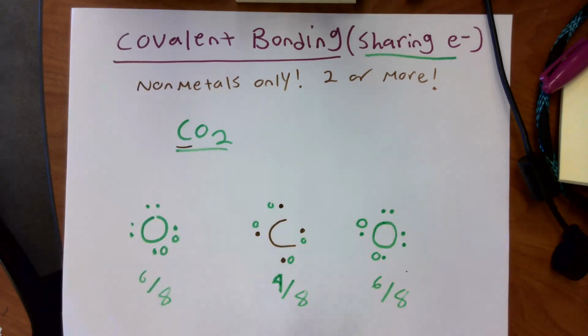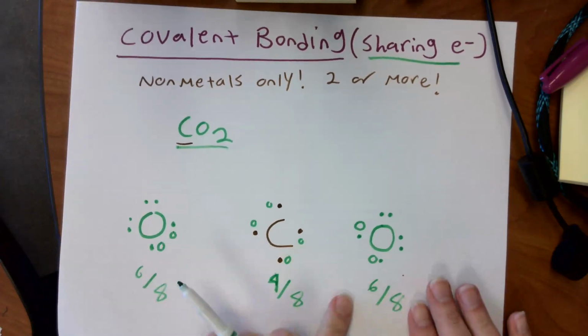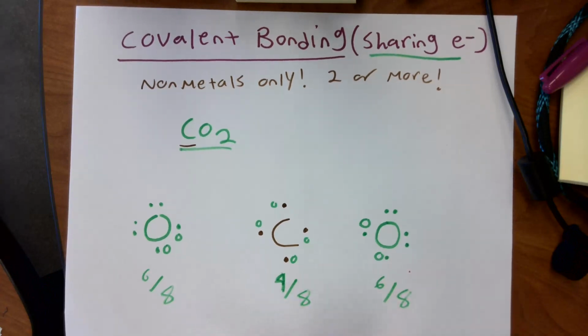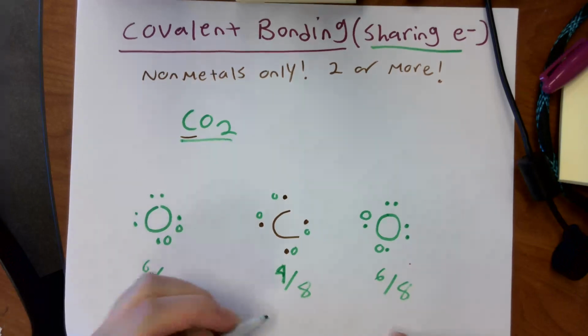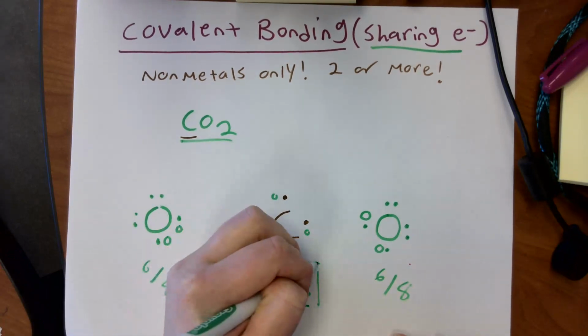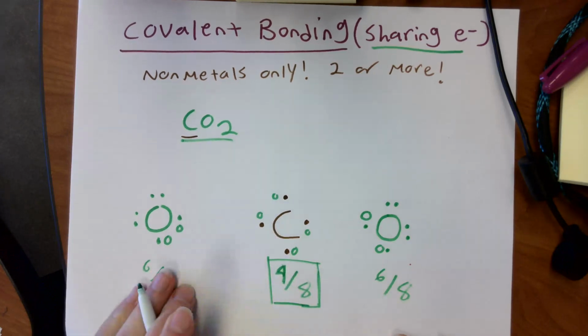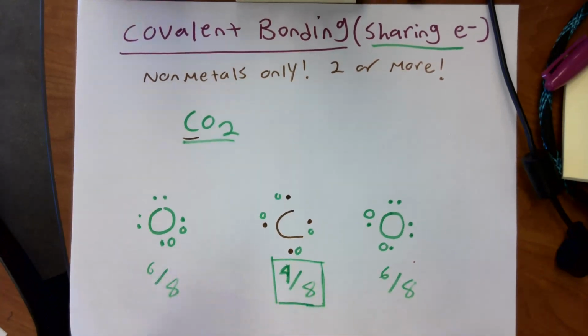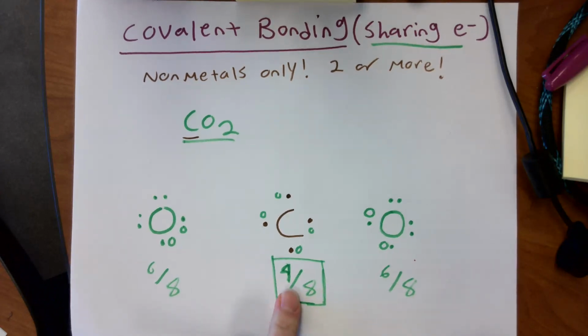Now, some of you might be thinking, well, carbon can just give up 2 apiece to oxygen, just like it normally would if it were going through an ionic bond. But the thing is, carbon with where it's at is stubborn and doesn't want to lose electrons because it's in between 4 and 8.